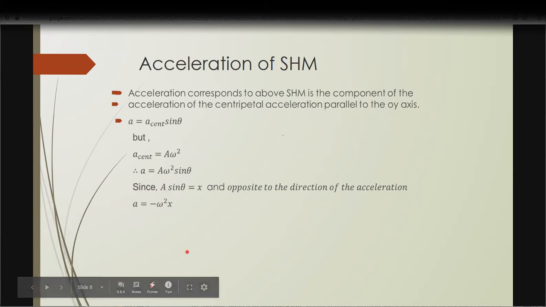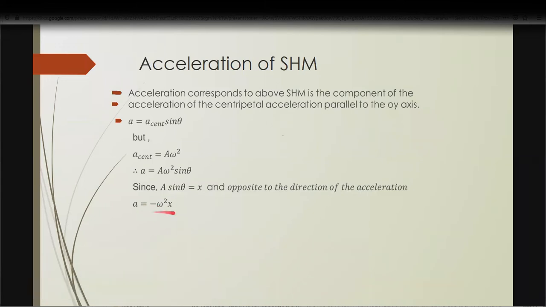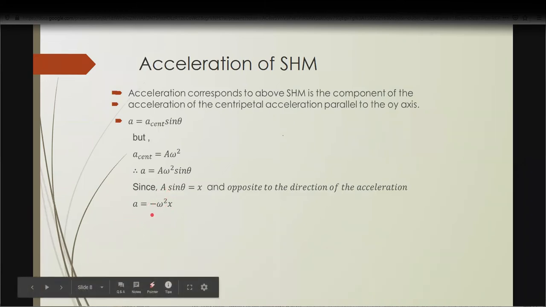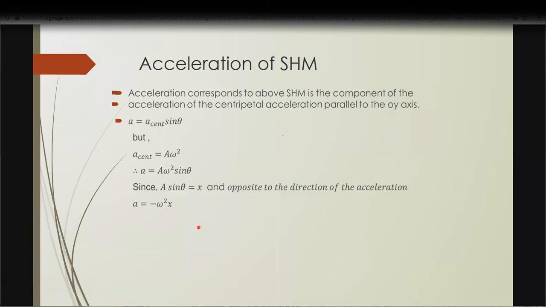If you are asked to show that a certain motion is a simple harmonic motion, then you have to show that the acceleration of that object can be represented in terms of x with a constant. It means the acceleration should be proportional to minus x.